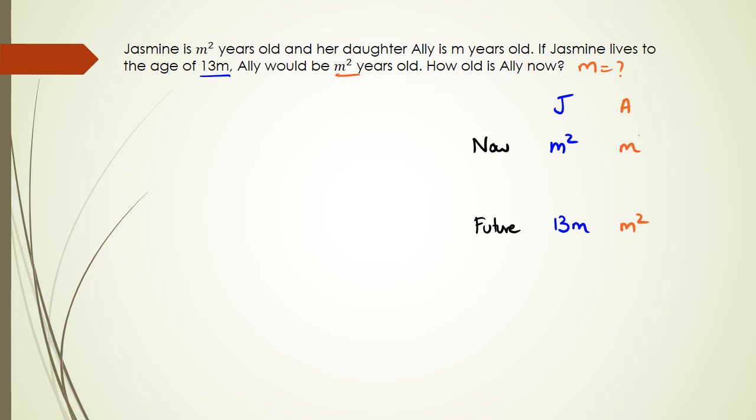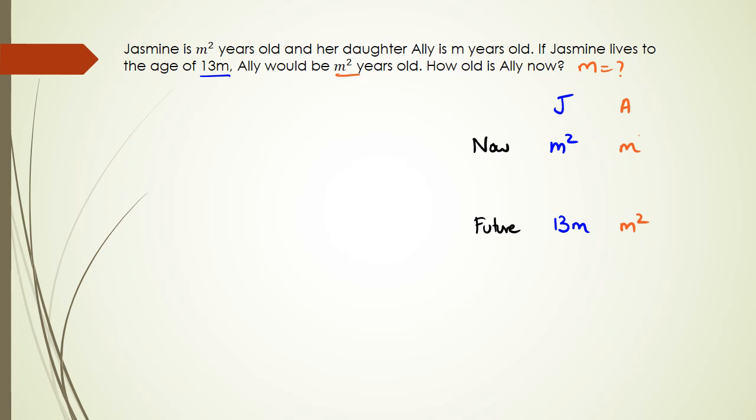This is a really funny little question because it uses simultaneous equations and quadratics, but I want to show you how this works out. The reason I put now and future is that from now to the future there is going to be X number of years. I can't really use numbers in this case because I don't know what the future is.